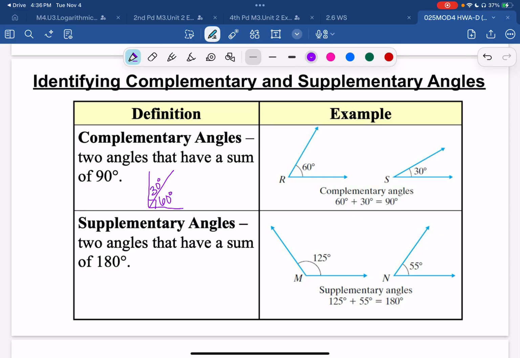Supplementary are going to be two angles that have a sum of 180. So that would be a straight line. So if I combined 125 degrees and 55 degrees, that would give me a total of 180 degrees.